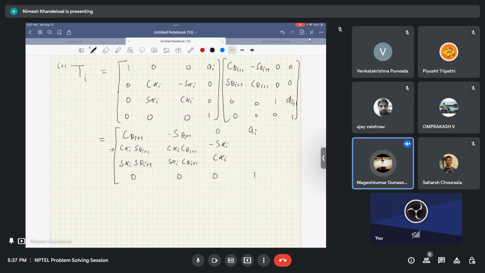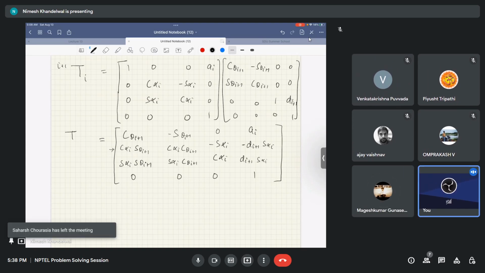No, it is minus sine alpha I into d I plus 1. Yes, and we can write it like this. And d I plus 1 cos alpha I. Okay, so this is your transformation from frame I to I plus 1.